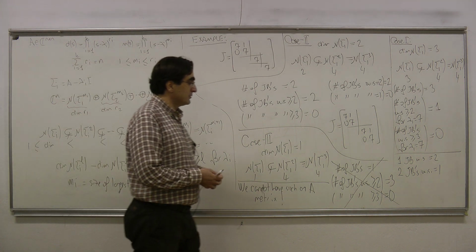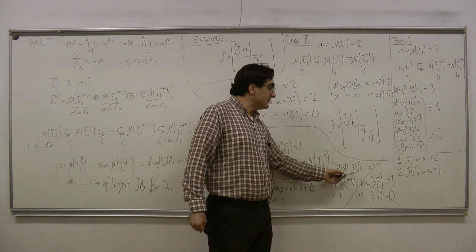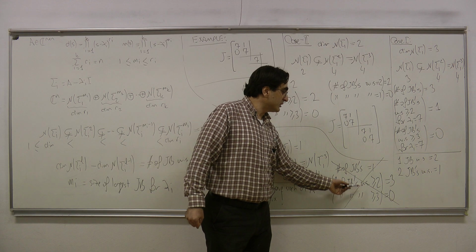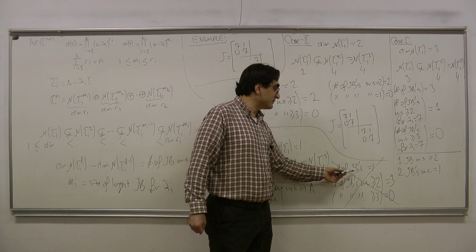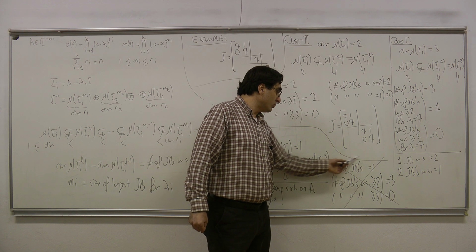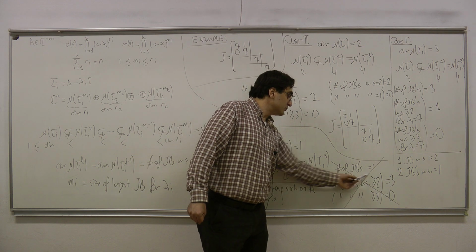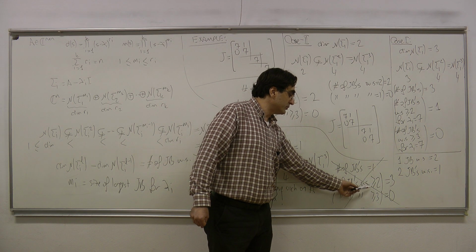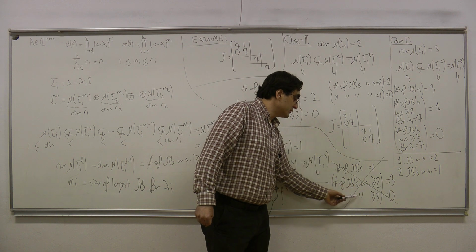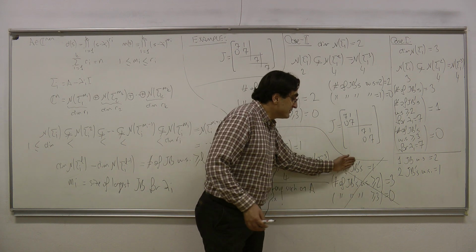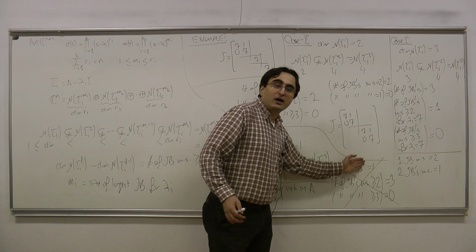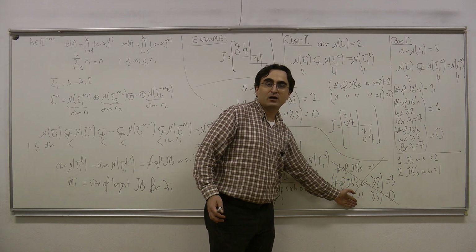Why is that impossible? You see that these numbers, the total number of Jordan blocks whose size is larger than or equal to 2, larger than or equal to 3, etc. These numbers should always be either decreasing or remaining constant.